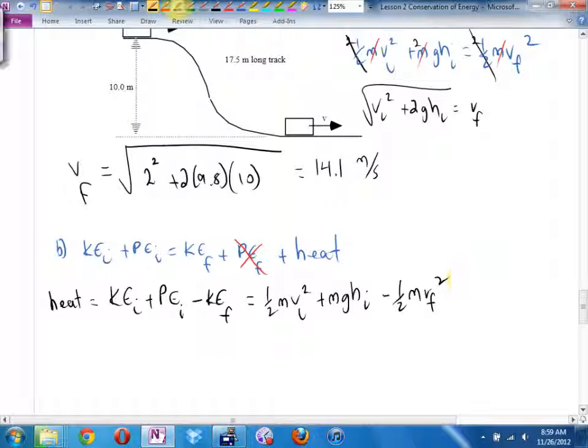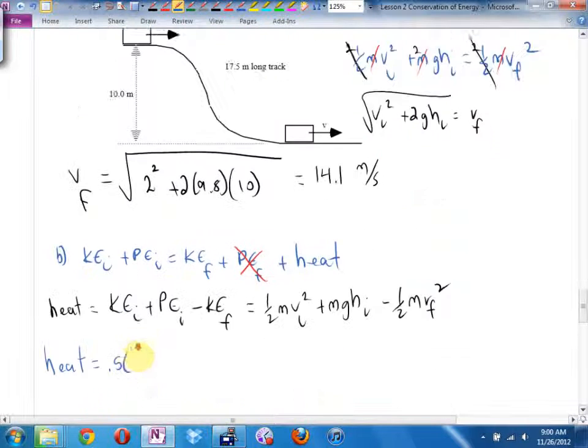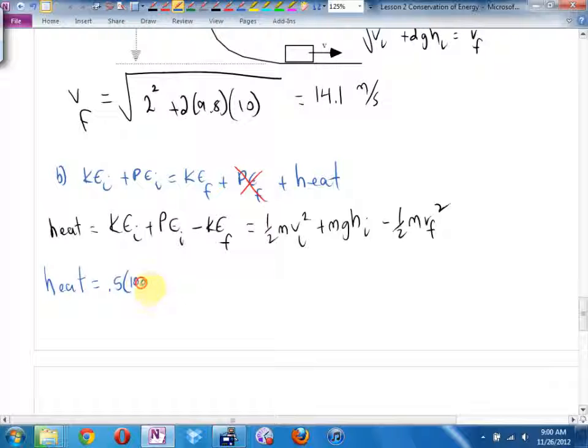Let's plug in the numbers and crunch. How many joules of heat were generated? 0.5 times, what was the mass? 1,000. There it is. 2 squared plus 1,000 times 9.8 times 10.